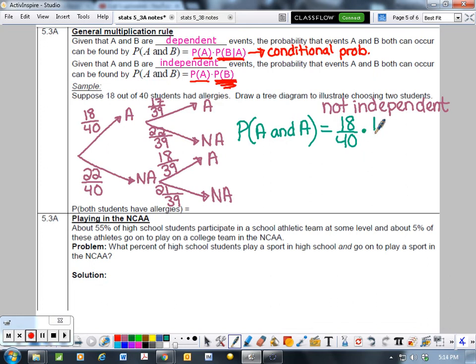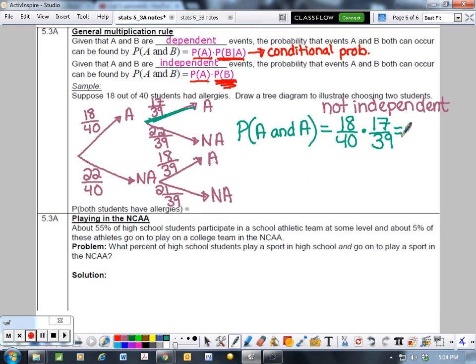So that's 17 over 39. So I'm still using the multiplication, but remembering that this value has changed because my choices were not independent. And so this will allow me to calculate that probability.